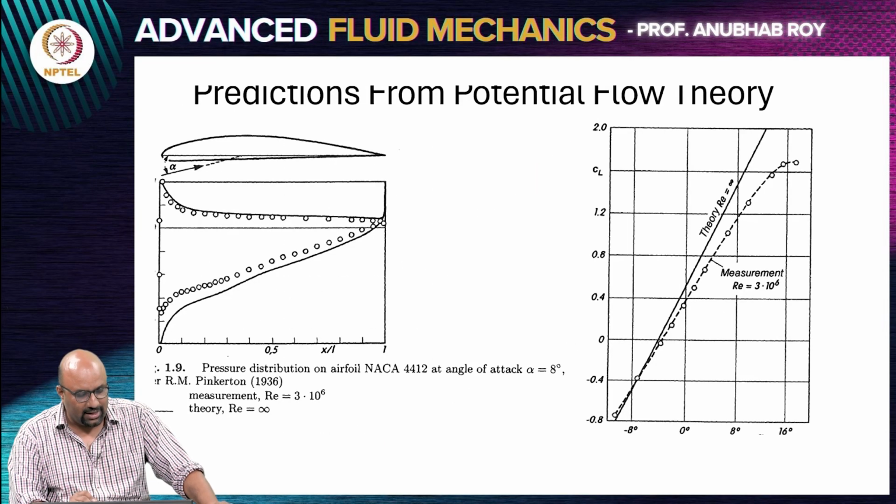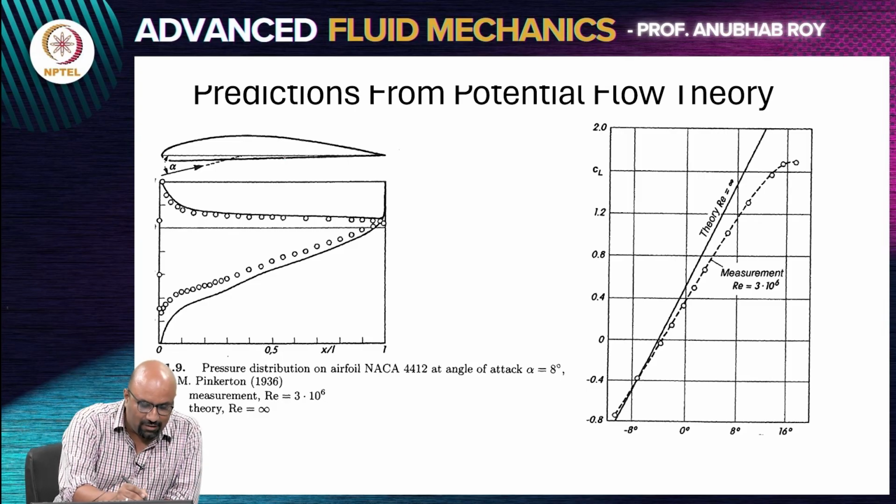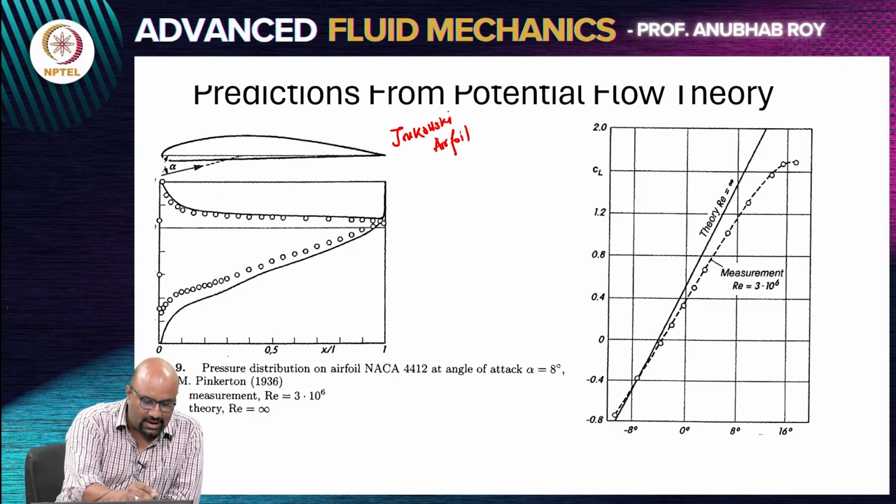And if you take this forward and now do something asymmetric, something that has a little bit of a bend here, so there is a camber, this is known as the Zukowski airfoil, or it is close to a Zukowski airfoil. There is an angle of attack alpha, and then you compute the pressure distribution.